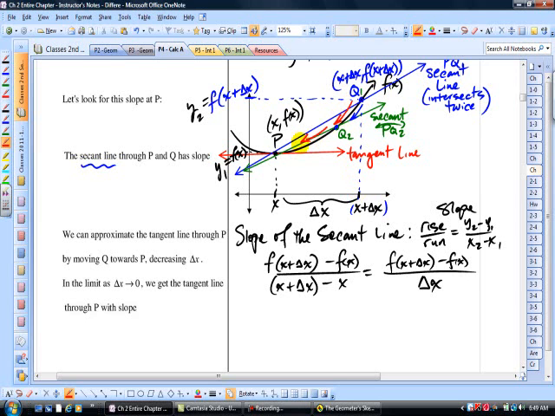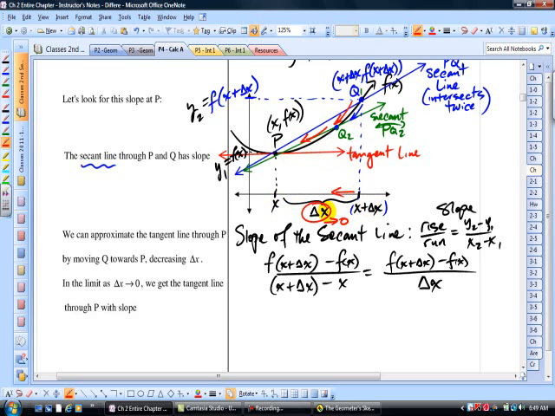Well, as Q1 approaches P, that means that delta x right here, this distance, is going to shrink. Delta x is going to approach 0, because if you close Q1 to P, then the distance between x plus delta x and x has to approach 0, which means delta x has to approach 0, which means you've got to take a limit.